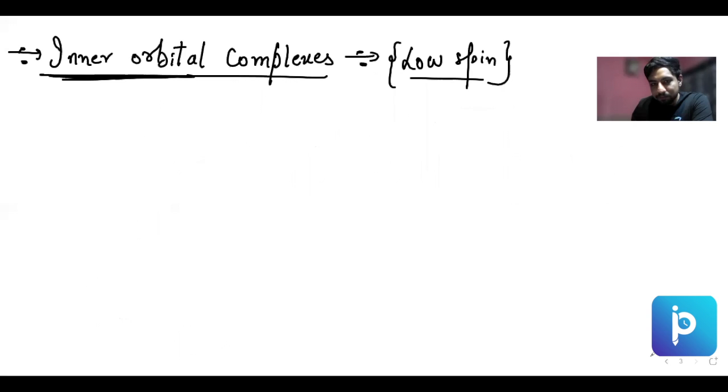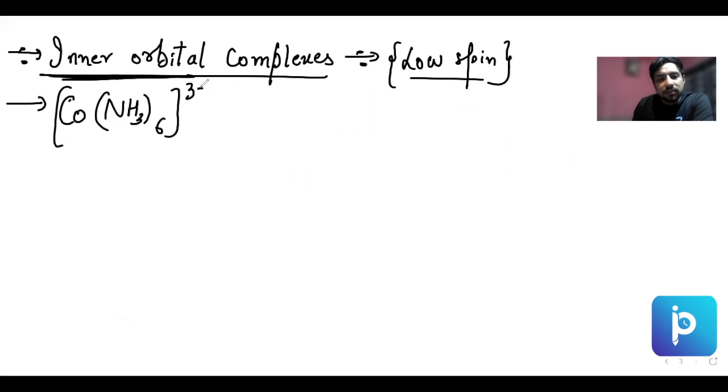Okay, now in the inner orbital complexes we will be discussing, we will take an example. Okay, I will take the example of [Co(NH3)6]3+.